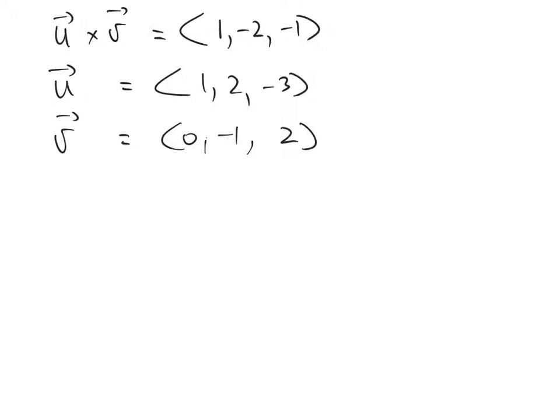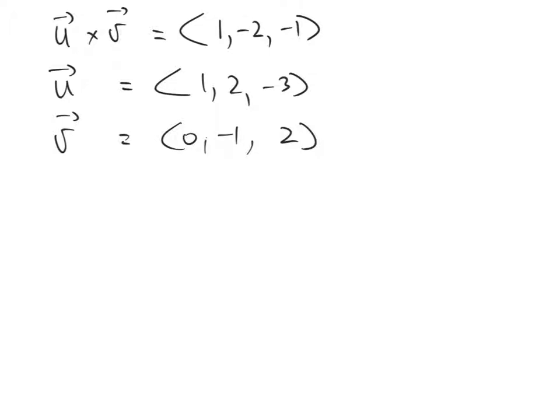What we are going to do now is to check that u cross v is perpendicular to both u and v. And we will do this using the dot product. If you remember, when two vectors are perpendicular, their dot product must be 0. But let's first see what is the dot product of two vectors.